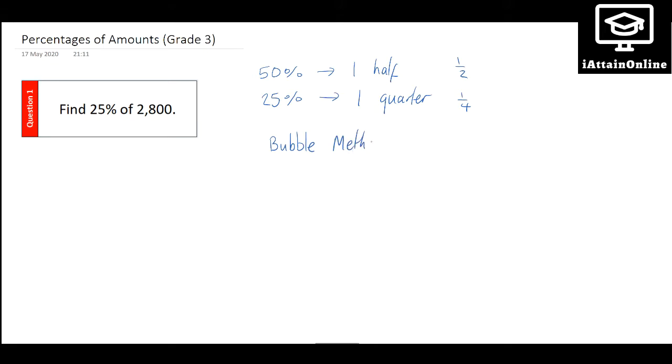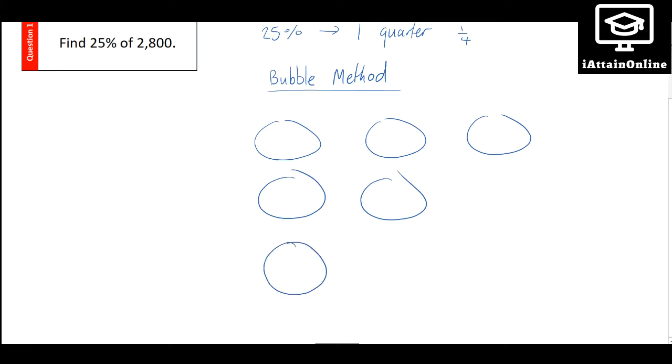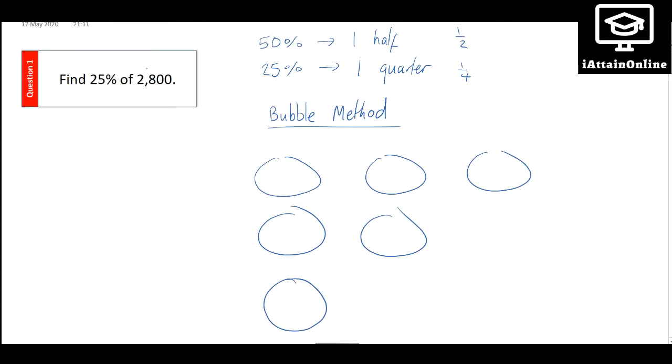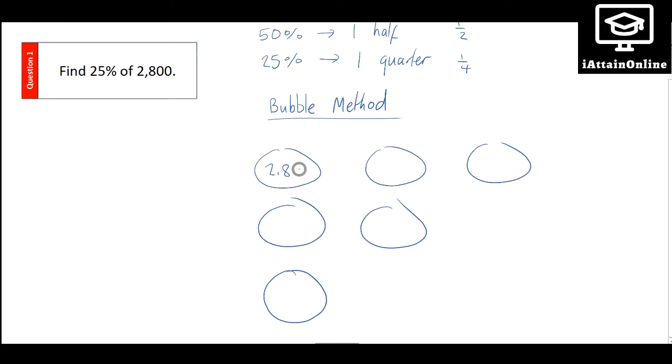Now all you do with the bubble method is you draw yourself 6 circles, all lined up like that, and all you need to do is the top left bubble, you're going to write the number you're given in here. So in this case that's 2,800.